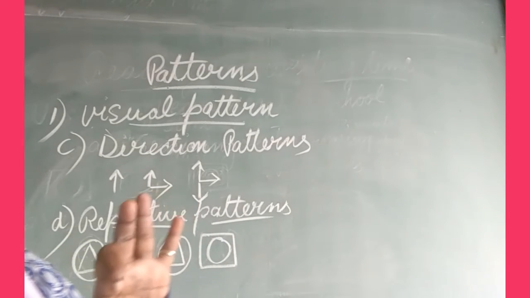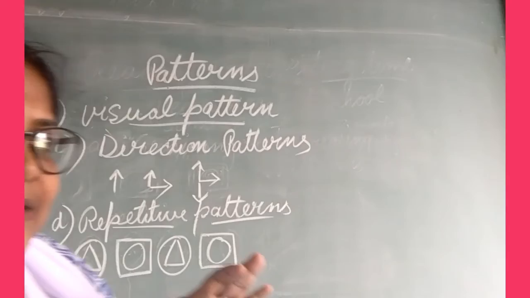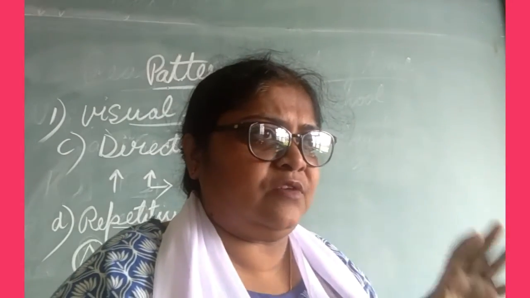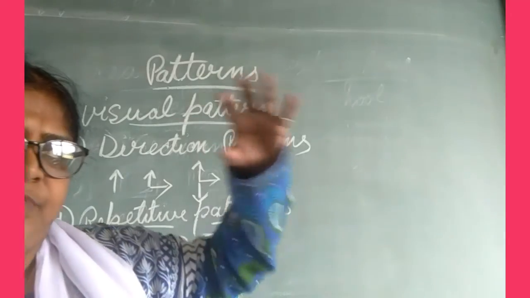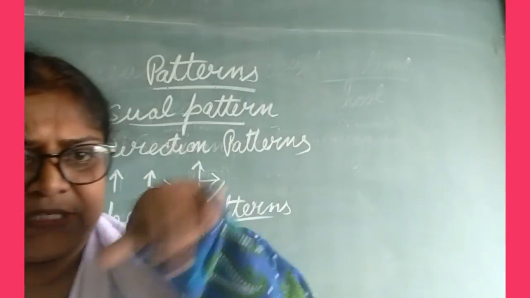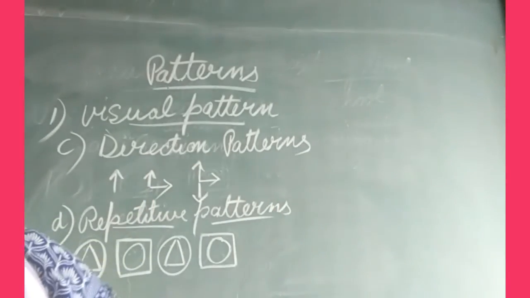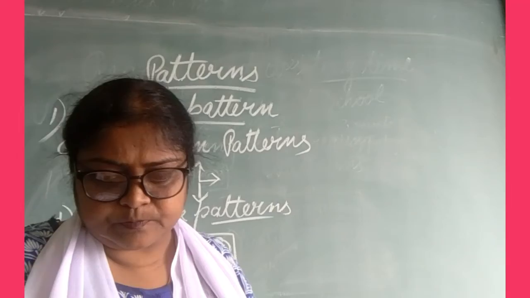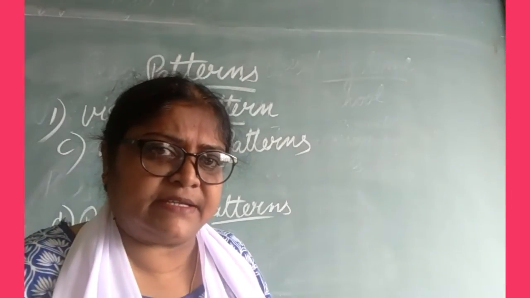Number 1 is the growing and increasing pattern. Suppose 1 circle is there, in the second 2 circles, in the third 3 circles. That means it is a growing or increasing pattern. Number 2 is the decreasing pattern.